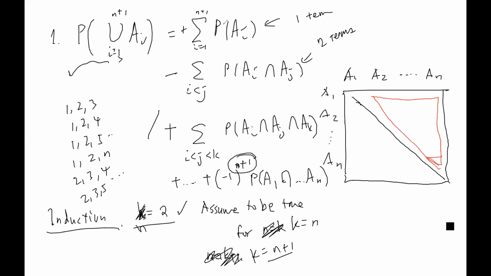So this will end up with n plus 1, n plus 1 plus 1, okay? All right, so how do we do this? You assume k equals n is true. Then you have k equals n plus 1.